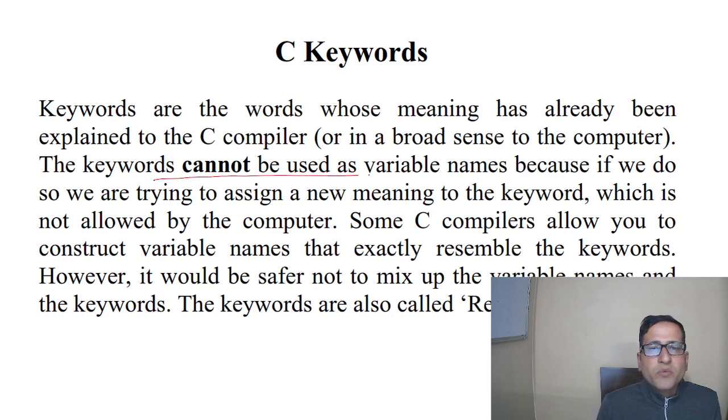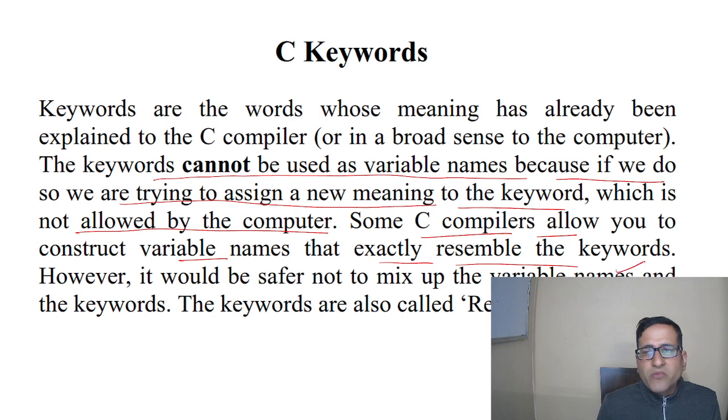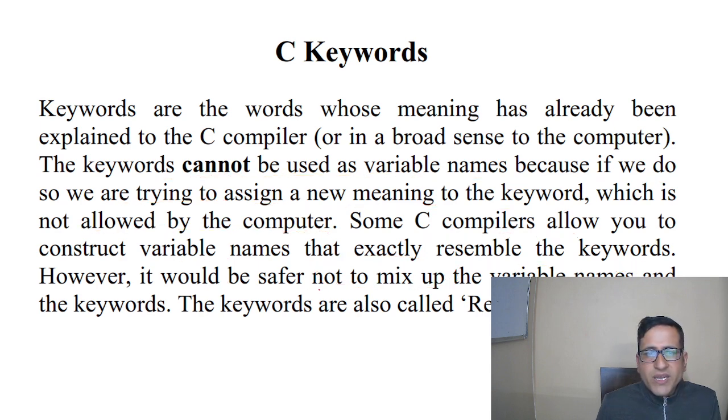These keywords cannot be used as variable names, because if we do so we are trying to assign a new meaning to the keyword, which is not allowed by the computer. The C compiler may allow you to construct variable names that exactly resemble the keywords. However, it would be safer not to mix them up. Means we should avoid using these keywords as variable names.